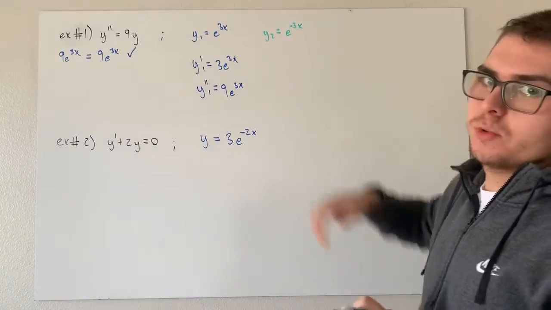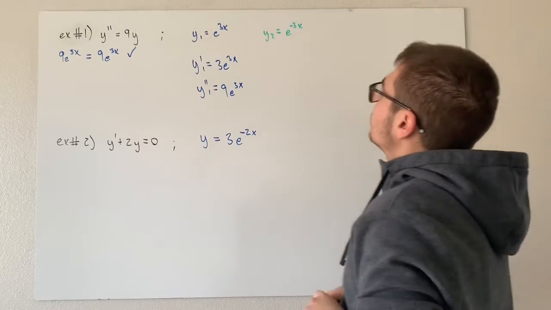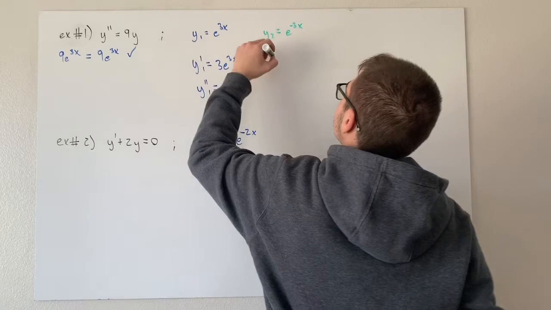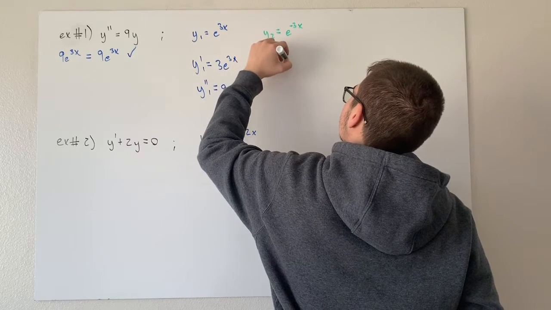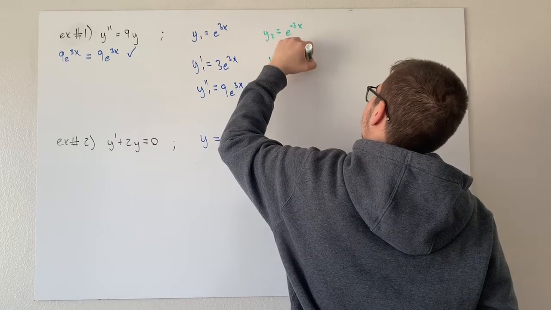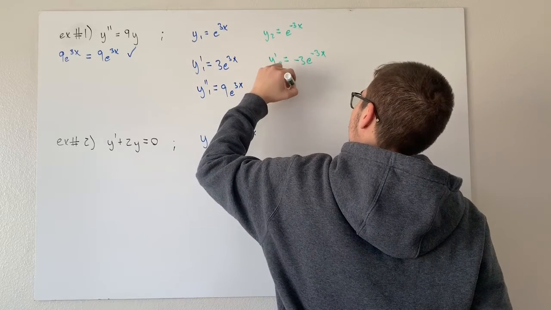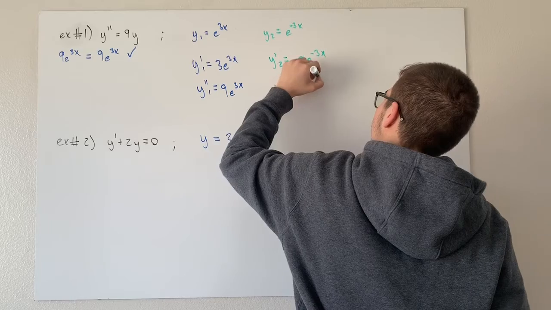Same song and dance for this one right here. We just take two derivatives of this. Bam. So y prime of 2 equals negative 3 e to the negative 3x. And y double prime of 2 equals 9 e to the negative 3x.